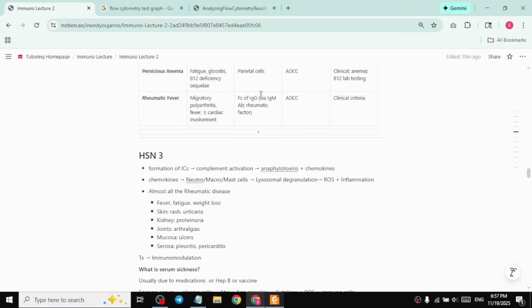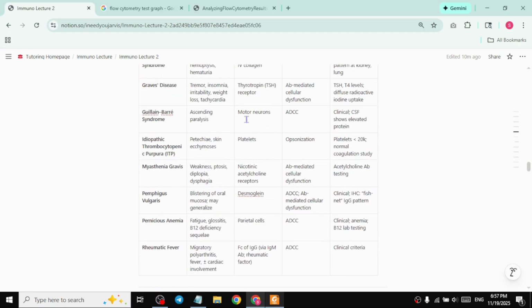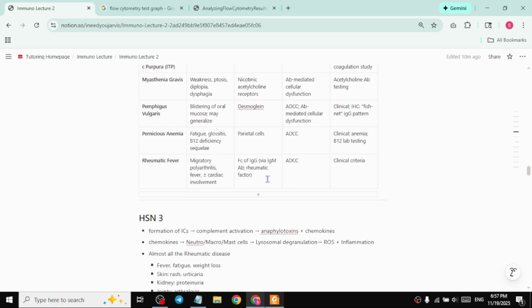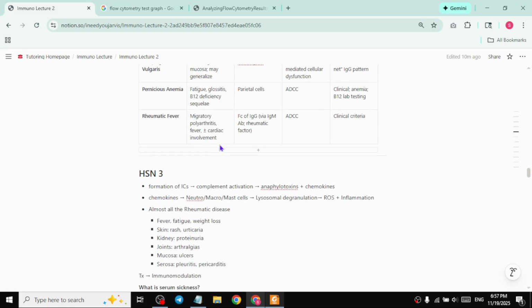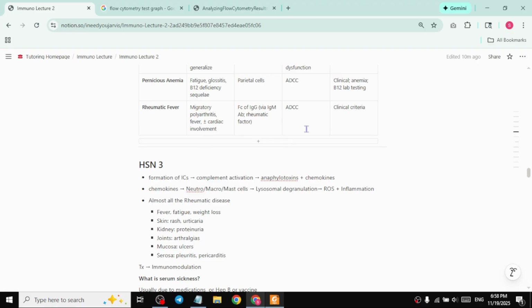Rheumatic fever, again, molecular mimicry, which you also saw with Guillain-Barré syndrome, but molecular mimicry is leading to this IgG antibody and leading to ADCC destroying your heart, right? Eventually, it will also destroy neurons and stuff, right?